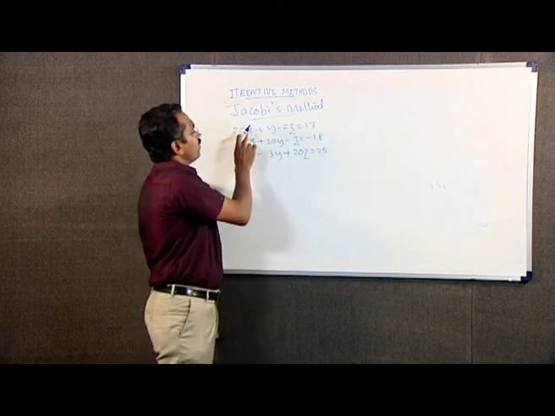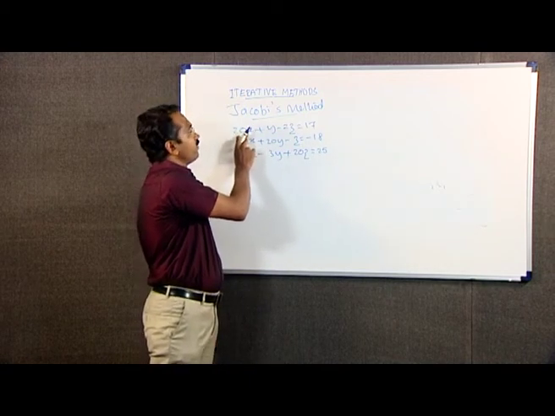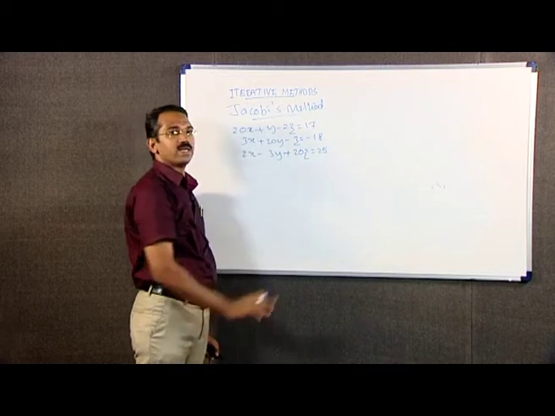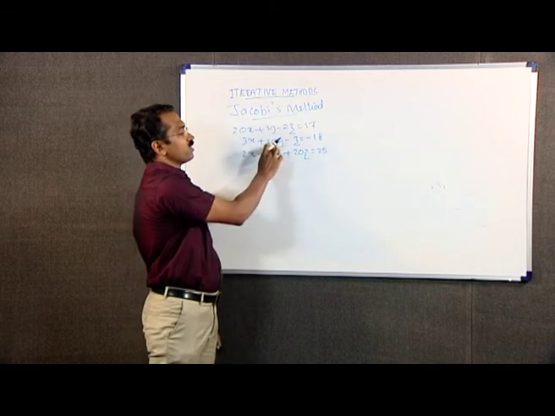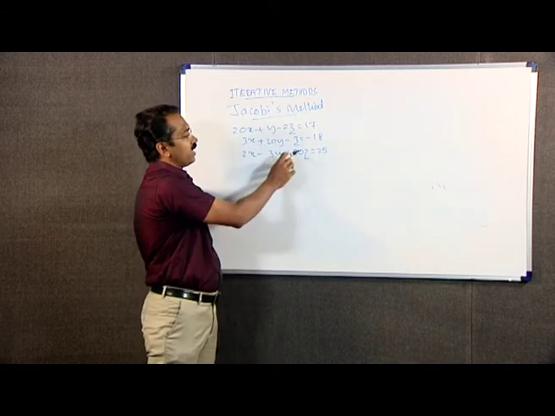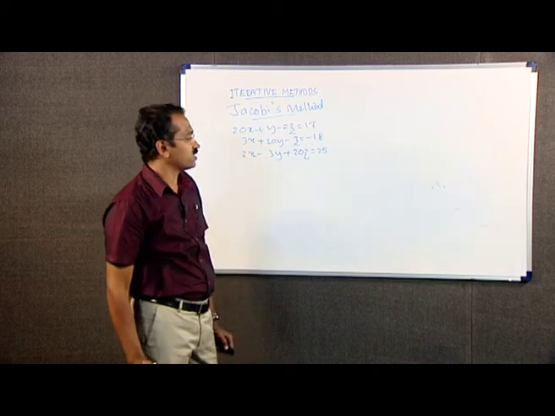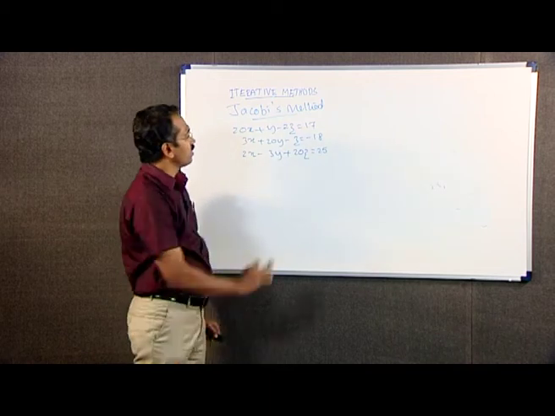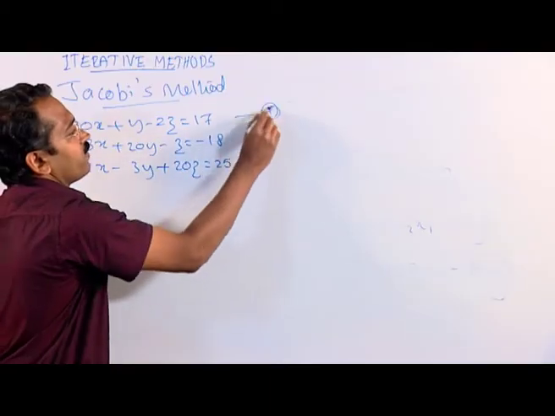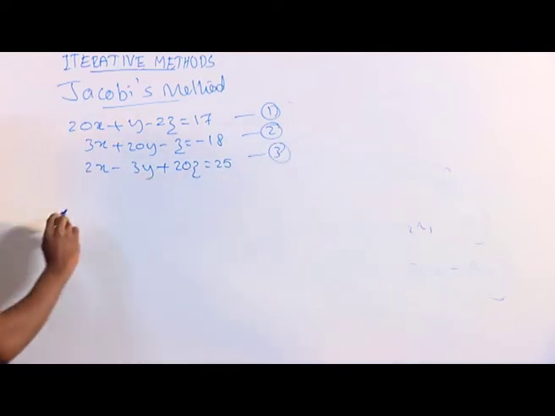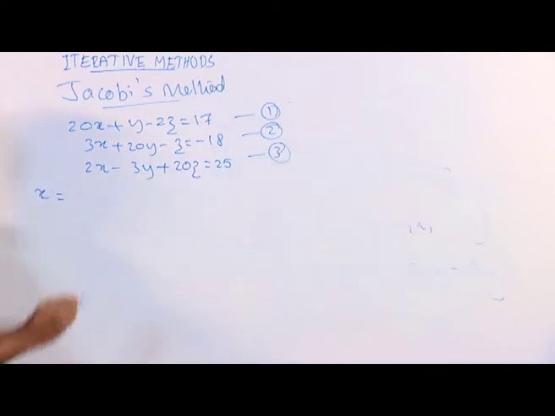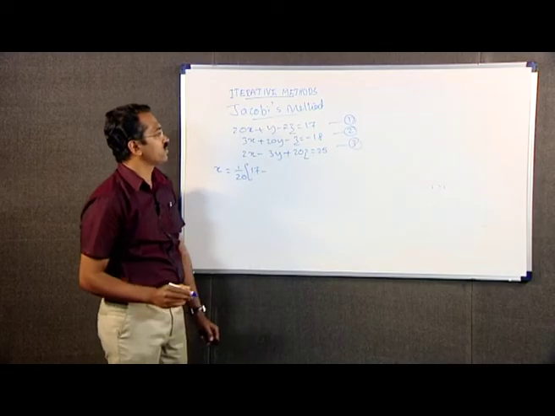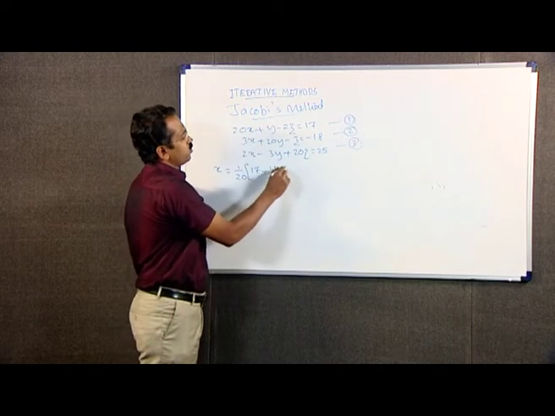Here the coefficient of x is 20, which is the largest coefficient compared to the coefficients of y and z. In the second equation, the coefficient of y is the largest, and in the third equation, the coefficient of z is the largest one. Therefore, we can apply Jacobi's method. From the first equation, we can write x is equal to 1 by 20 into 17 minus y plus 2z.